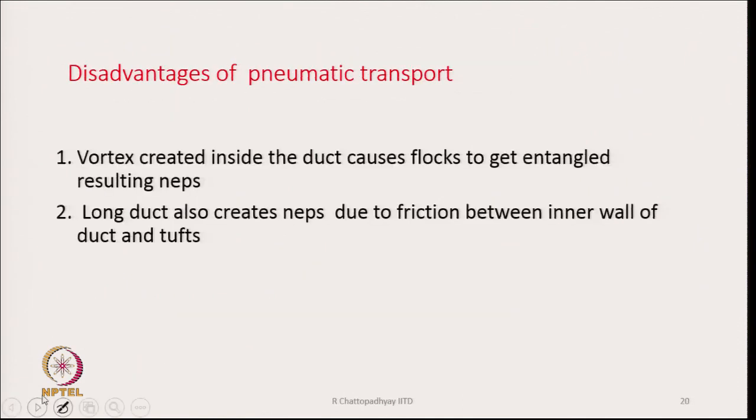So, this is all about the pneumatic transport. Now, what are the disadvantages of pneumatic transport? One is the creation of the vortex inside the ducts, and as a result the flux or the tufts will get entangled, resulting in neb formations. So, this possibility is there, and the other thing is the long duct also creates nebs due to friction between the inner wall of the duct and the tufts.